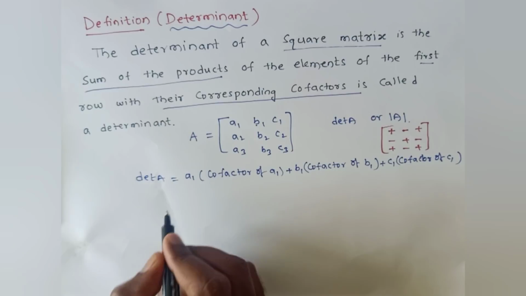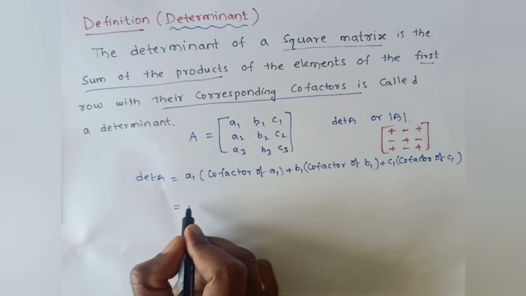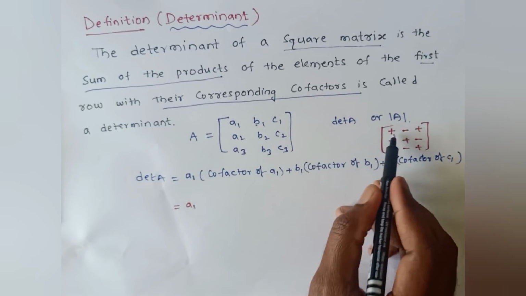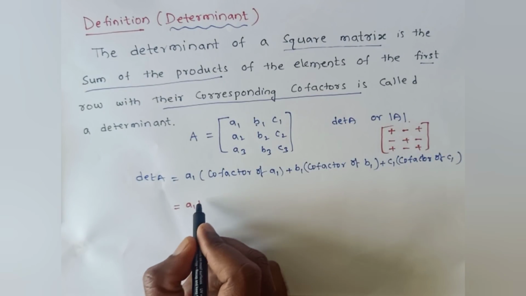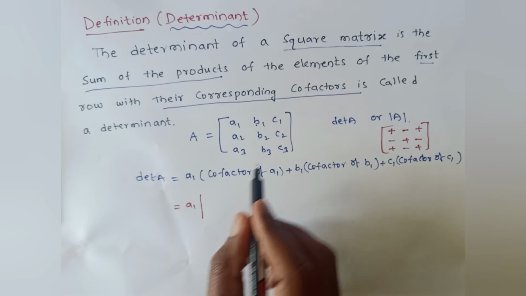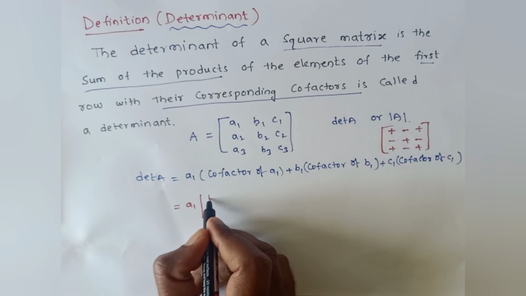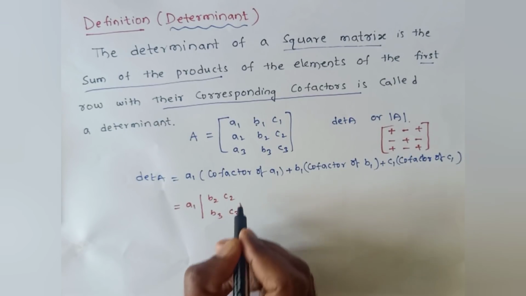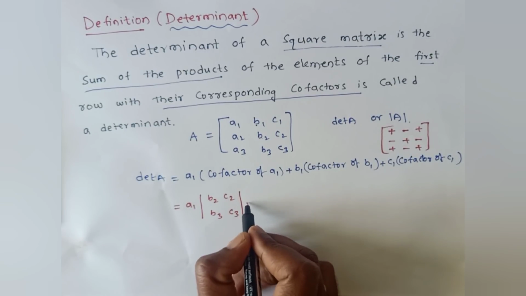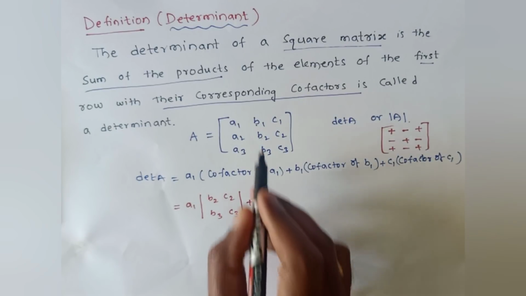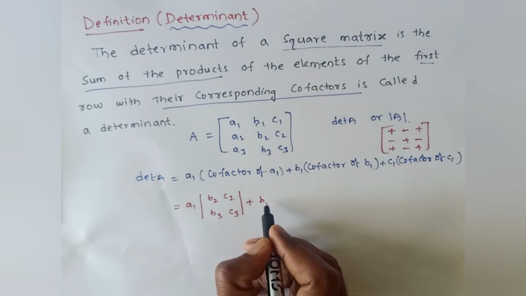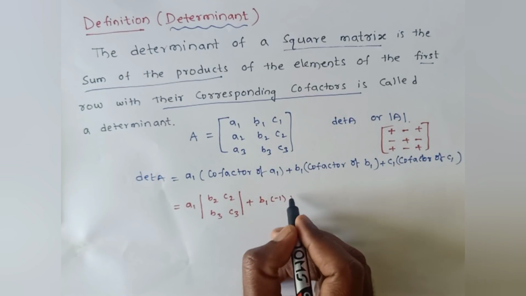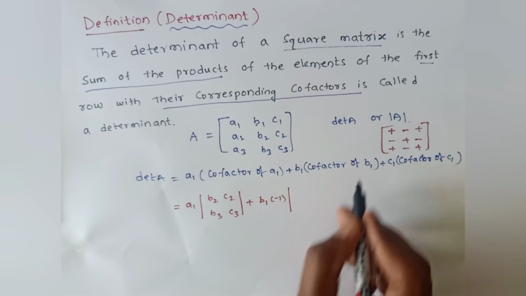So here a1 stays as it is, and the sign of this element is plus only. Into the cofactor of a1, which is b2 c2, b3 c3. Next, plus b1, and the sign of b1 is negative, minus 1 into the cofactor of b1.